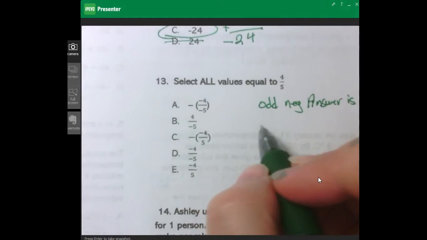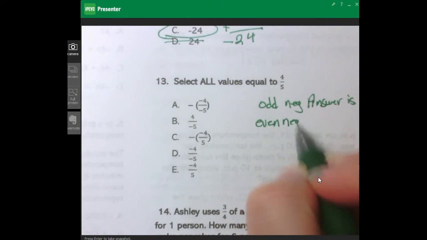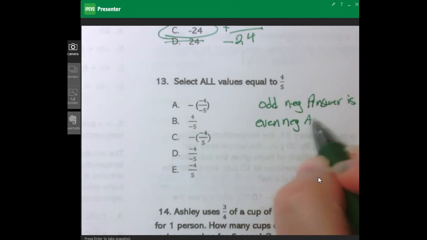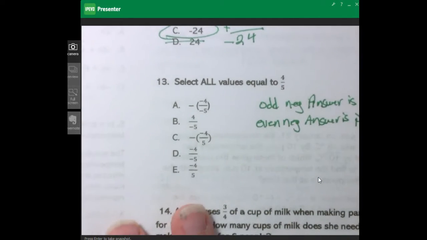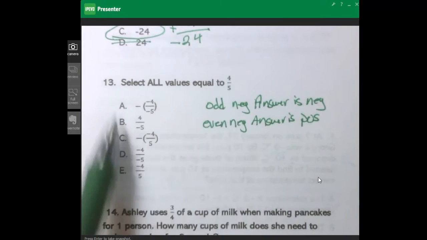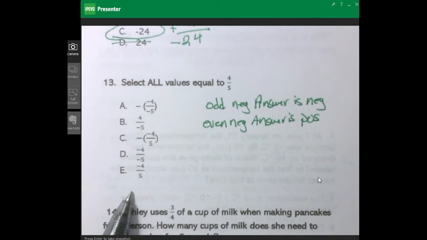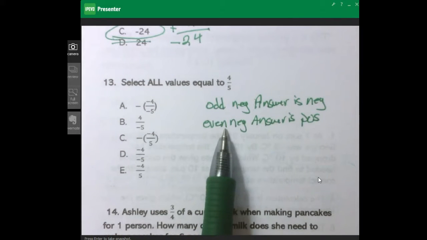If I have an even amount of negatives, the answer is positive. So really what I want to see as I look at some of these down here, I want a positive answer. So I need to have an even number of negatives.